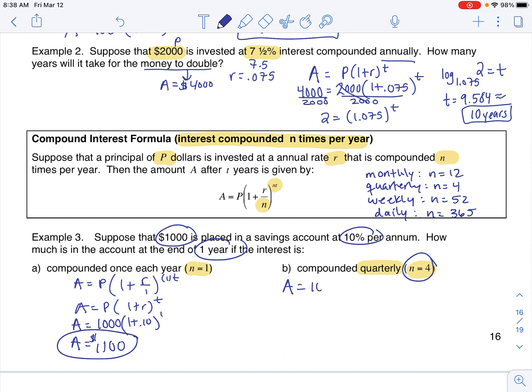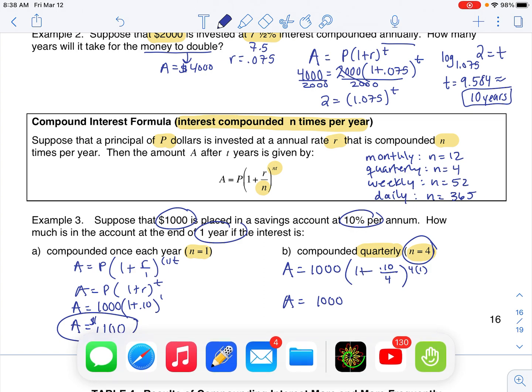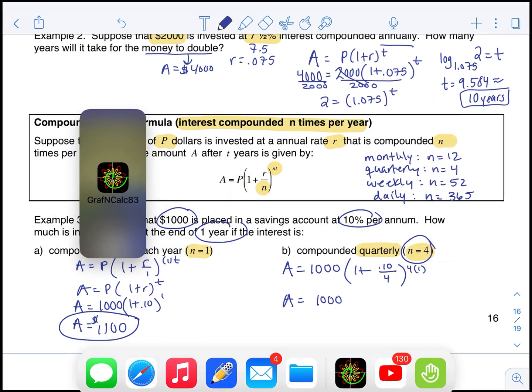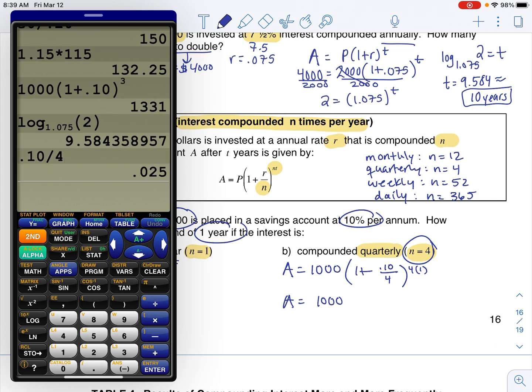What about compounded quarterly, though? We take that same principal, the same rate, but now we have to divide it by 4, and then up here in the exponent, we have to do 4 times 1, N times T. So when I work this out now, I've got 1.1 over 4.